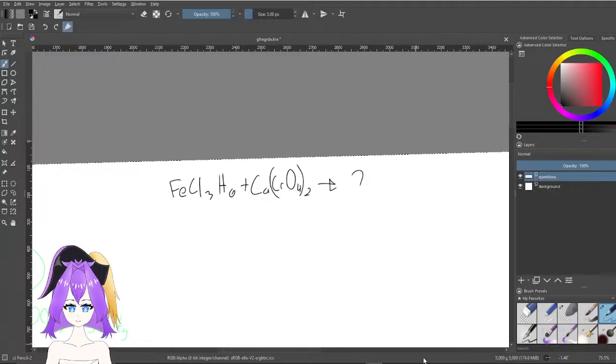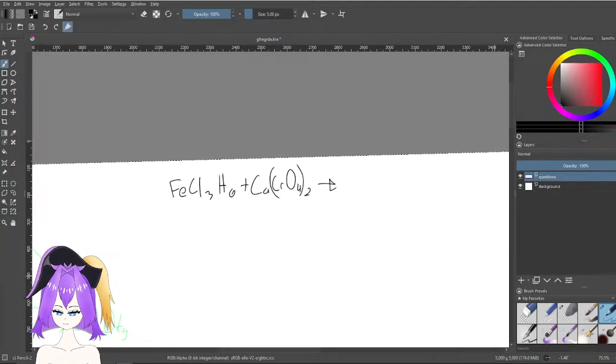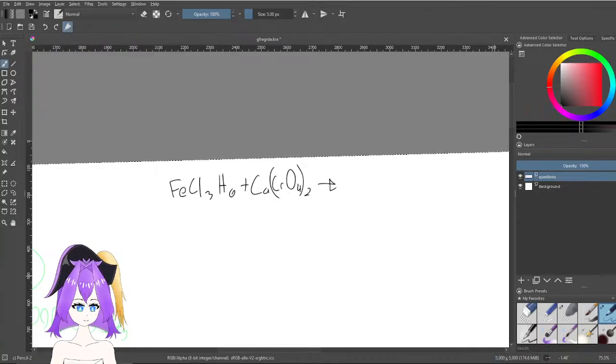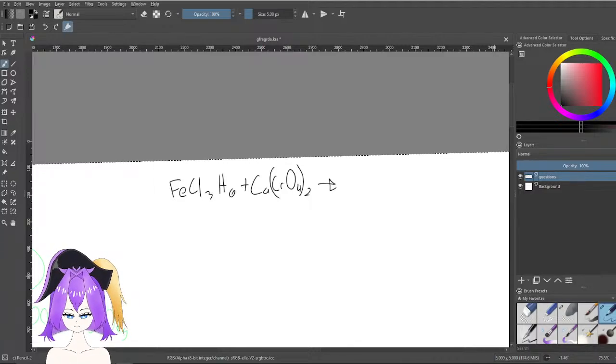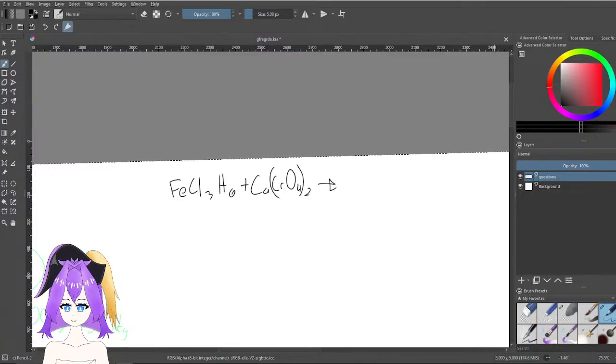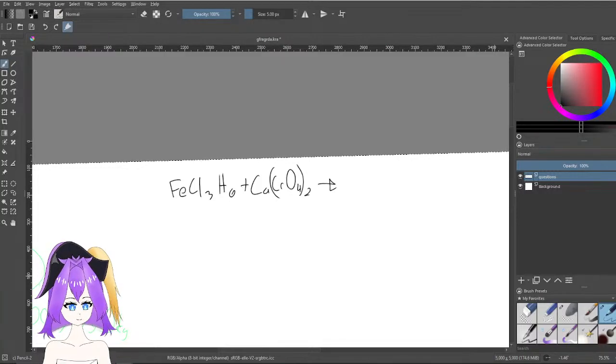Okay, so I'm gonna have to look up what a precipitate is. Precipitate. Wait. Oh, it's just iron chromate. How does this even work?